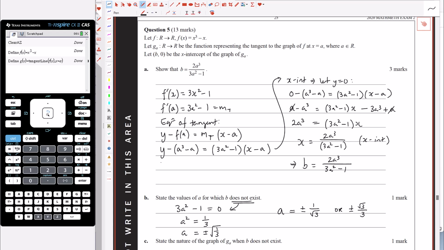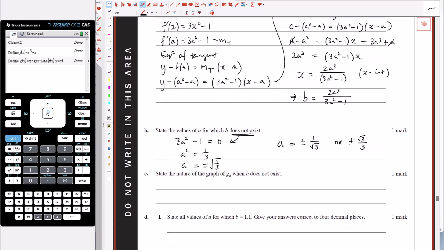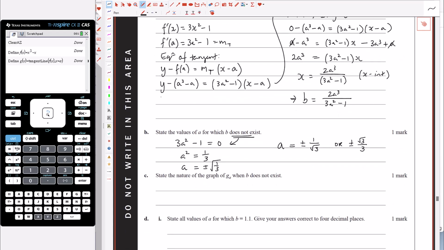And so therefore that would be when we have stationary points. State the nature of the graph of GA when B does not exist. When B does not exist, GA, so GA, remember, is the tangent, is a horizontal line.